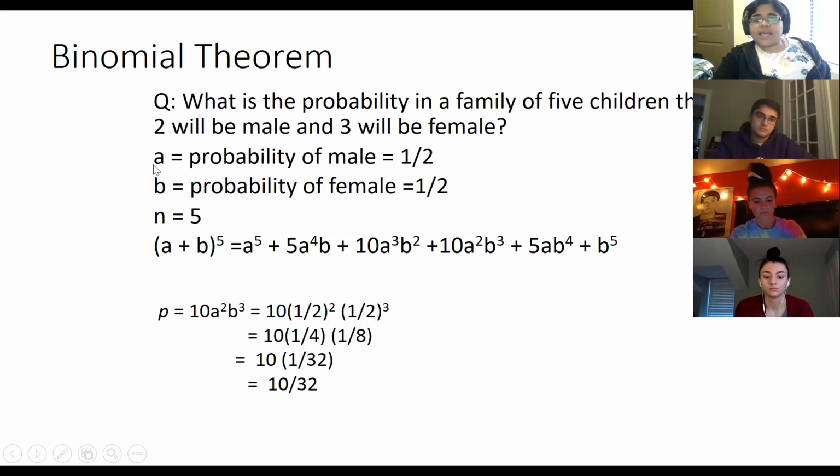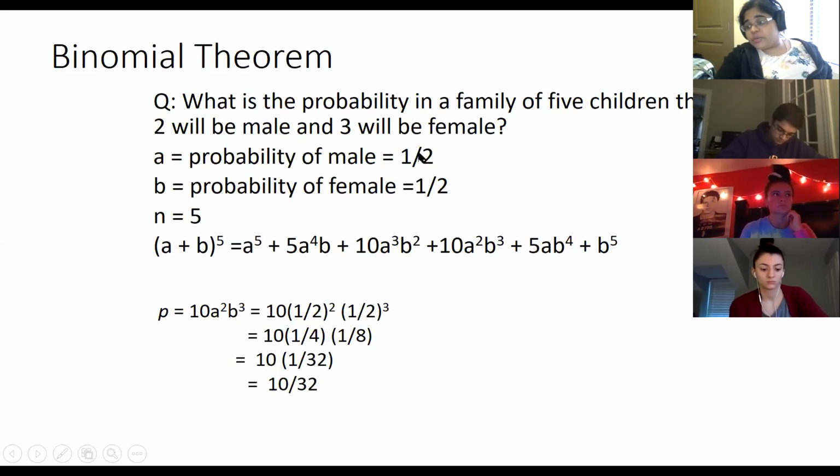A equals the probability of male, which is 1/2. B equals the probability of female, which is 1/2 again. You can put it in any order as long as you make sure you have the right probabilities for each of the terms, okay? And then we're talking about a family of 5 children, so our n value is 5.